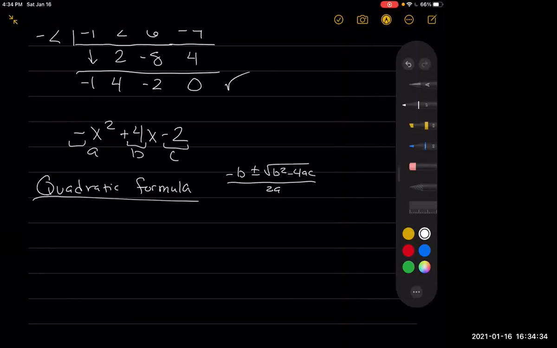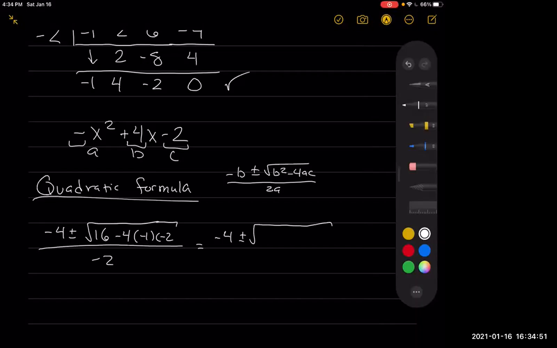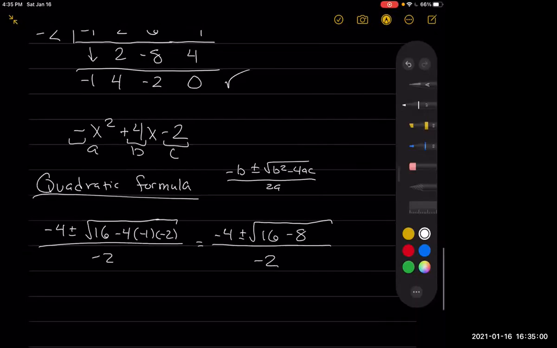So here we have -4 plus or minus the square root, 4 squared is 16, minus 4, -1, -2, all over -2. And here, oops, in parentheses there, this will give us a 16 minus 8 over -2.